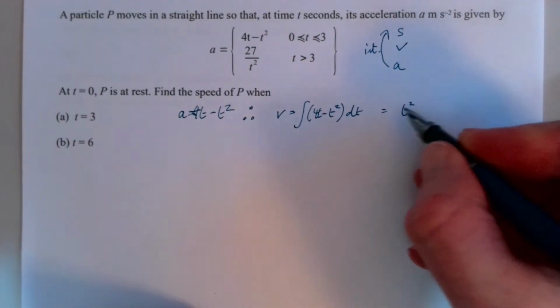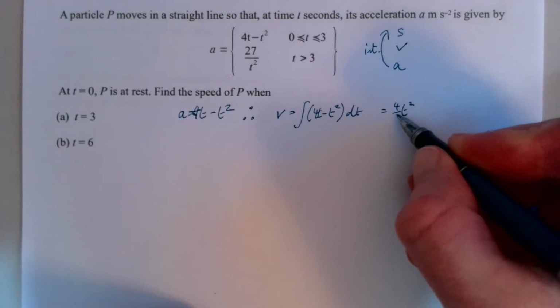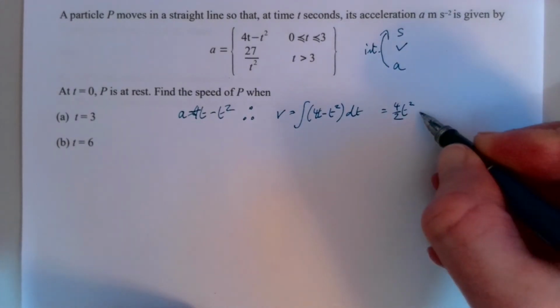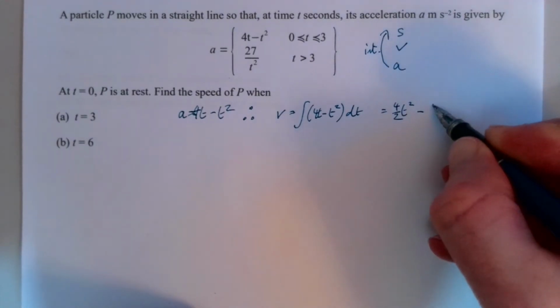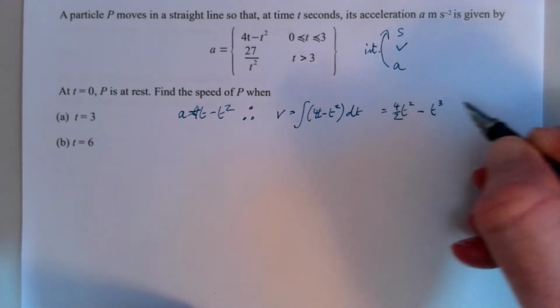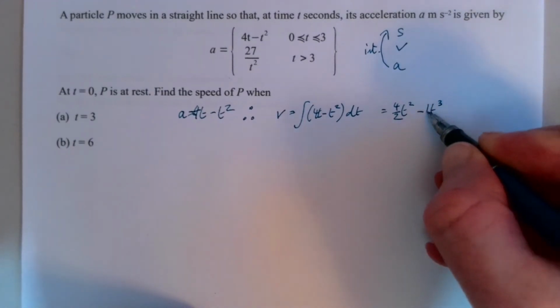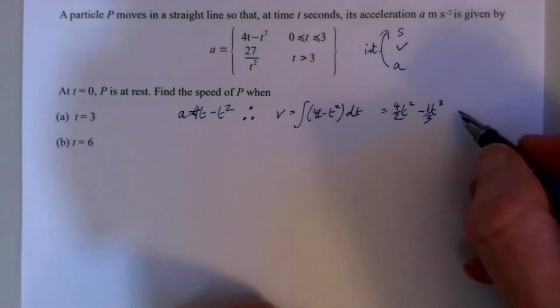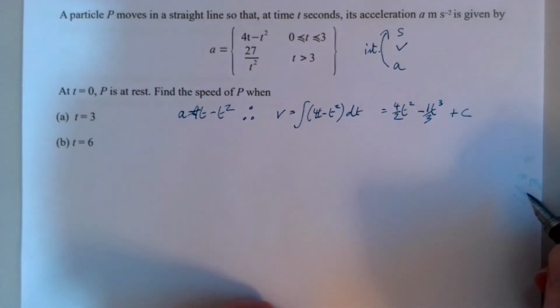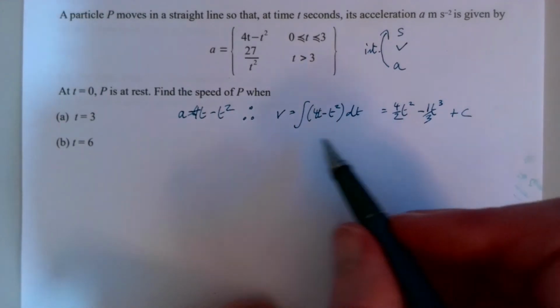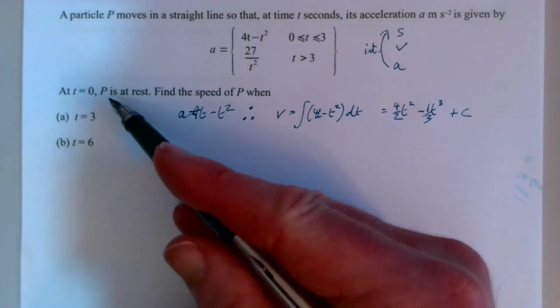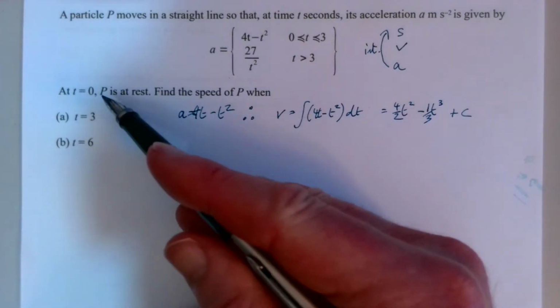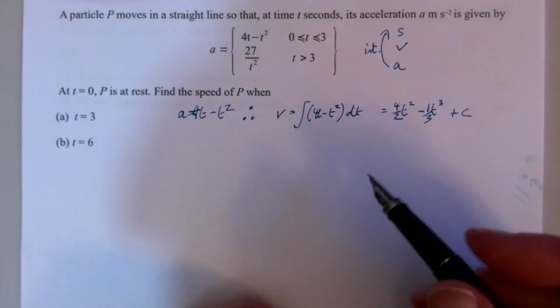So if we do that, we do our t up to squared, our 4 divided by the 2, and then take t, the t goes up to 3, and we divide by 3, so that's a third of t cubed, and then we're going to have our plus c as well. But we are told that when t is 0, p is at rest, so it's got 0 velocity.